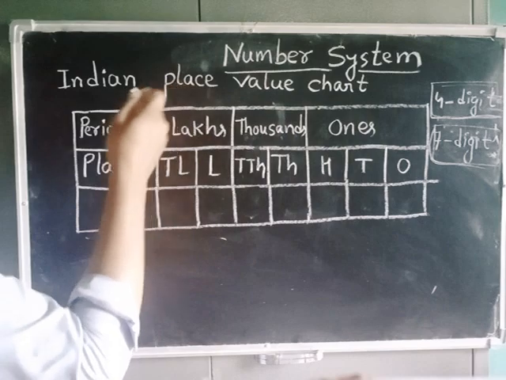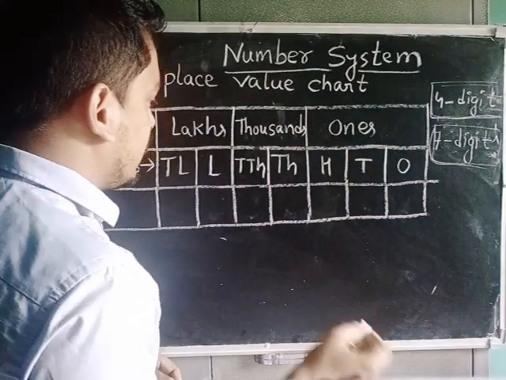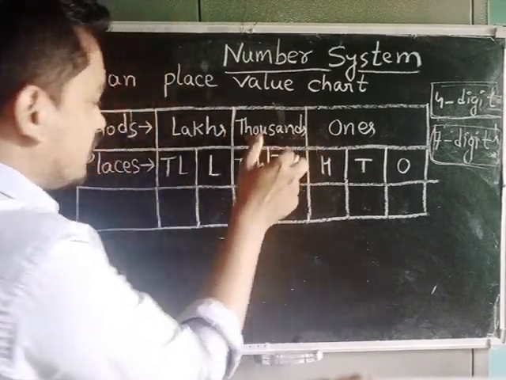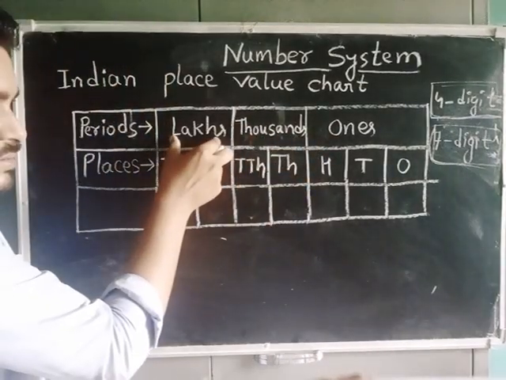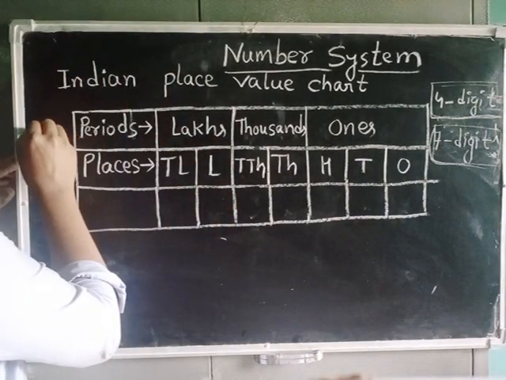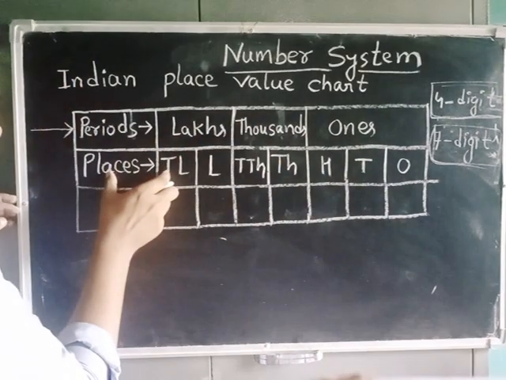I have made the place value chart for you. In your previous class, standard 3, you learned up to thousands, and this year we are going to learn lakhs. The upper part is called periods, and this part is called places.